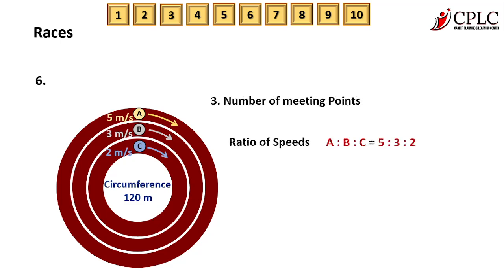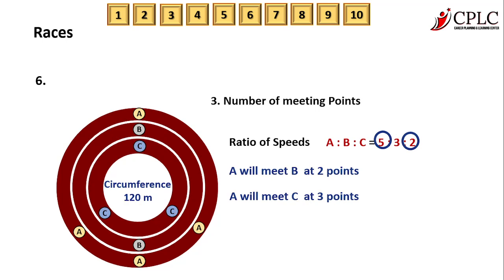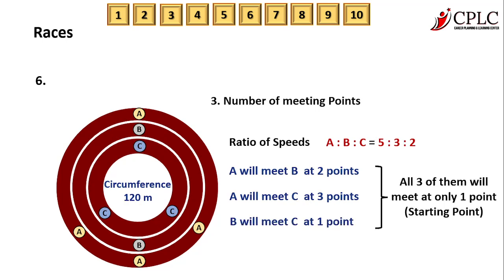And if you remember, for the first meeting they all took 120 seconds as the LCM, and obviously the answer will be 120 only, the answer of the first question itself, because there is only one meeting happening. This is the way to do that.